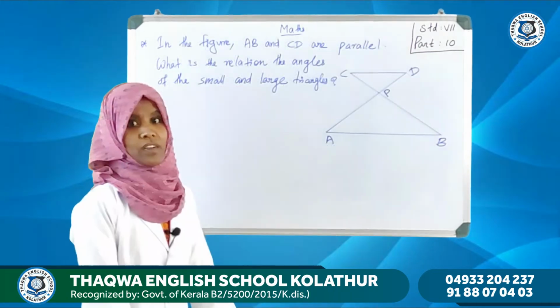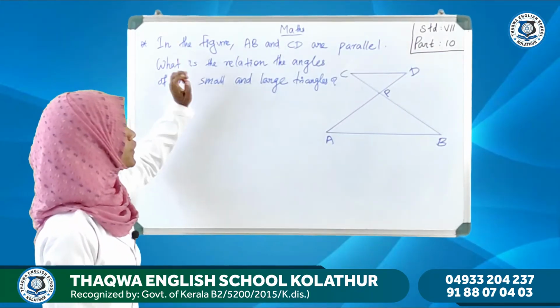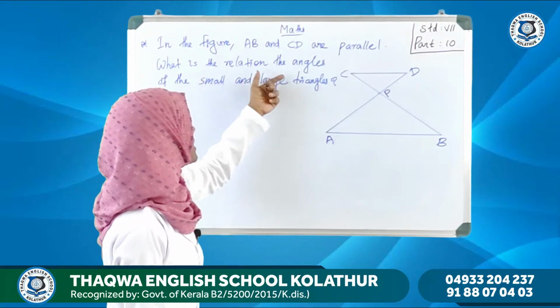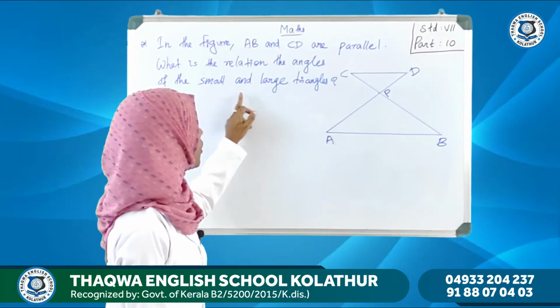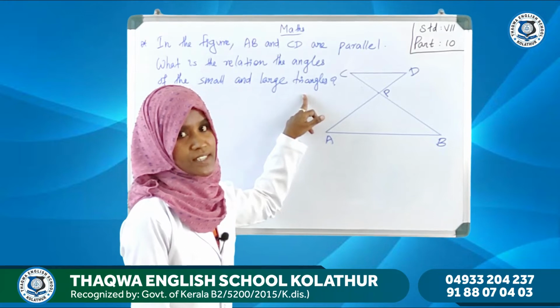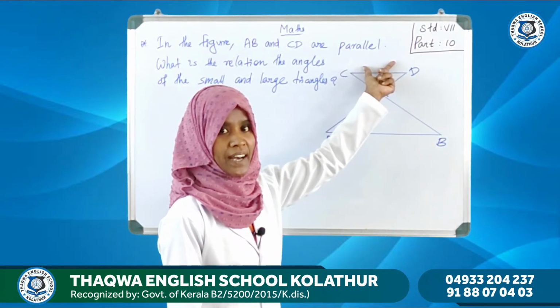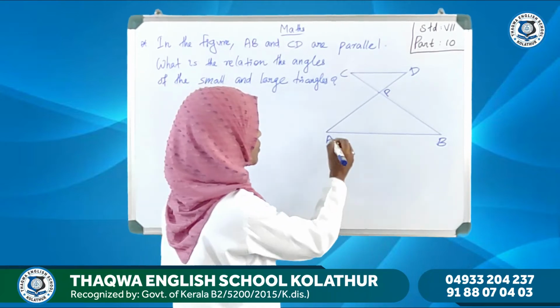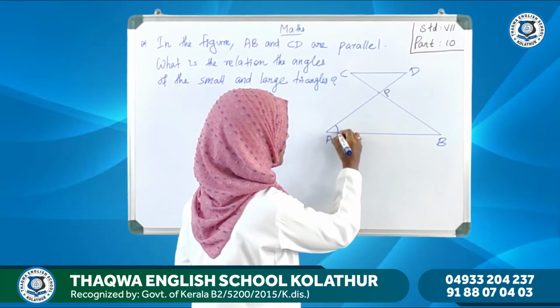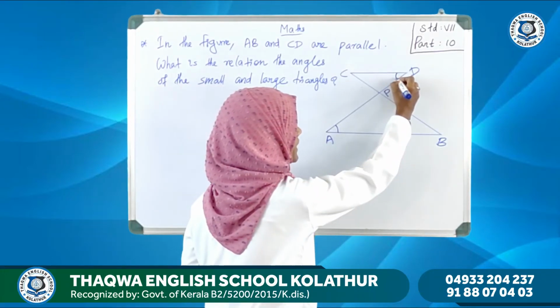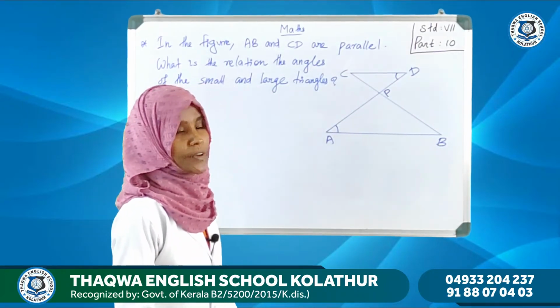Okay. Another question. In the figure, AB and CD are parallel. What is the relation between the angles of the small and large triangles? Okay. AB and CD are parallel. As in the last question, we got angle A equals angle D. What is the reason?